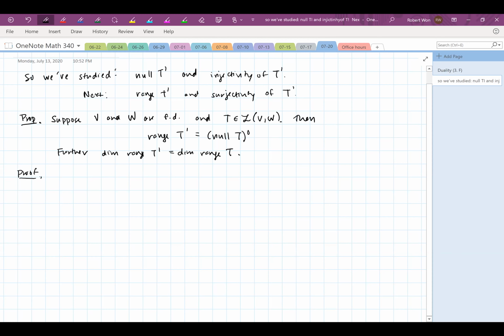Okay, so let's actually prove the second statement first, because then we'll be able to use it in a nice way to prove the first statement. So let's prove that the dimension of the range of the dual map is equal to the dimension of the range of the original map first.